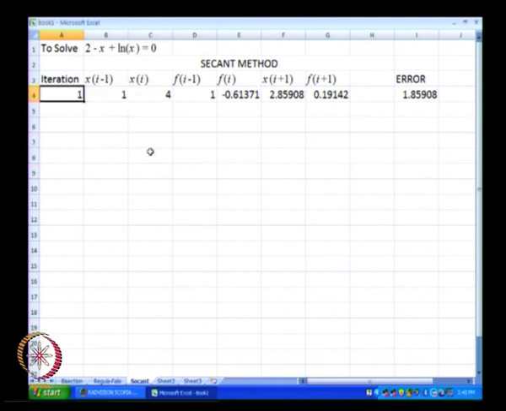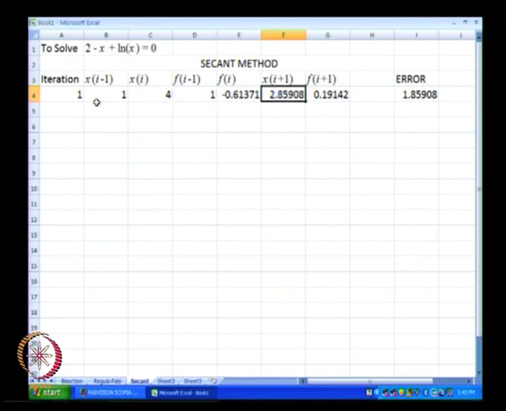We will start with the initial conditions that we started off with. So we start off with the two initial solutions, x of 0 is equal to 1 and x of 1 is equal to 4. We calculate f of 0 the same way as we had calculated in the previous lecture of this module, 2 minus b4 plus ln of b4, and likewise f of I is going to be 2 minus c4 plus ln of c4.